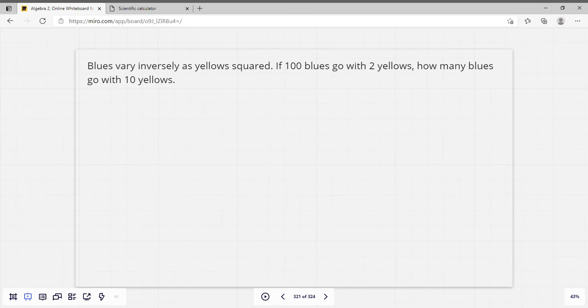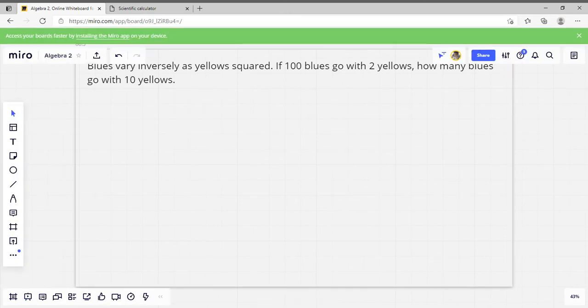All right, now, how do we do an inverse ratio? Blues vary inversely as yellows squared. If 100 blues go with 2 yellows, how many blues go with 10 yellows? When something varies inversely, it would be A equals K over B. So our blues vary inversely as yellows squared.